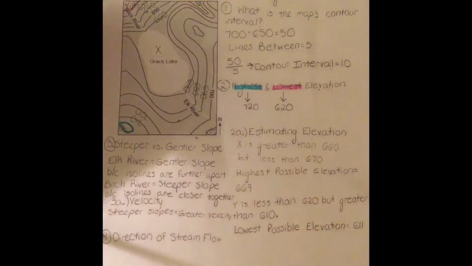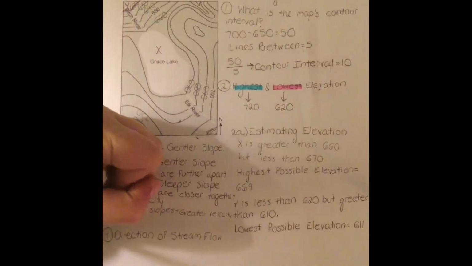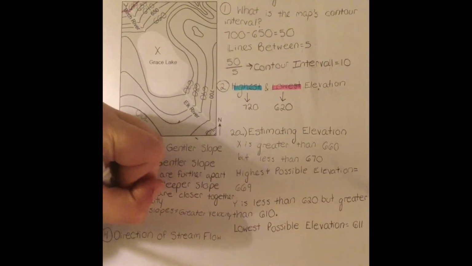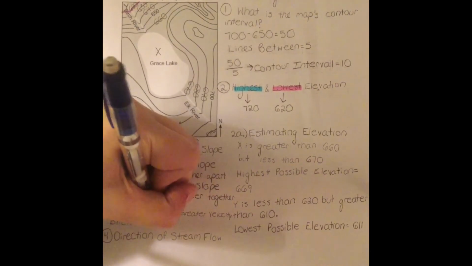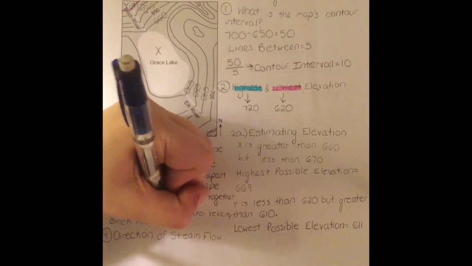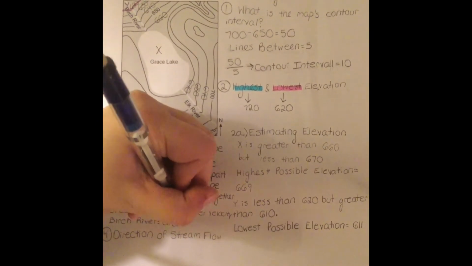And so, because Birch River has a steeper slope, that means Birch River has a greater velocity.